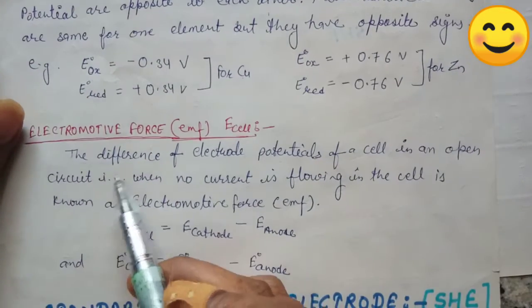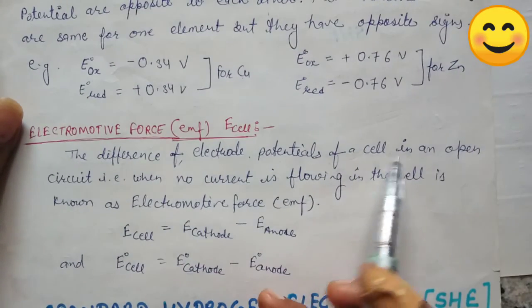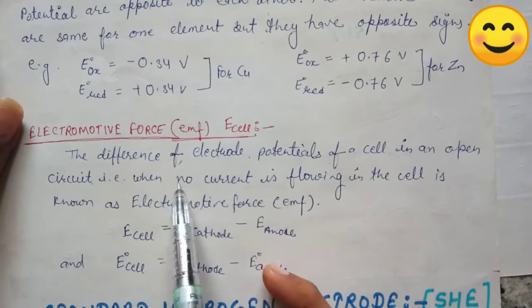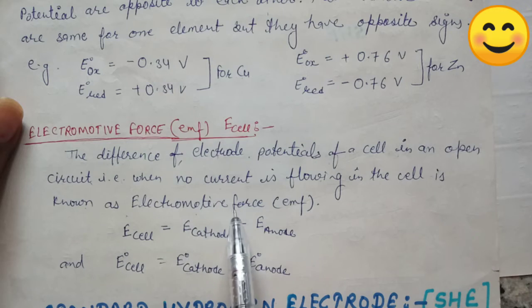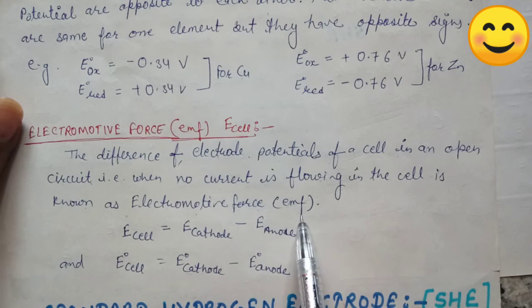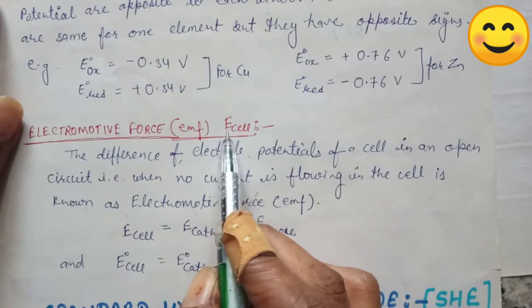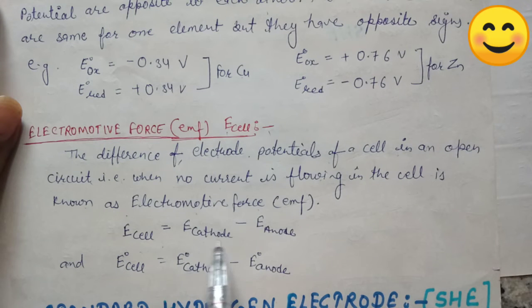Okay, the difference of electrode potential of a cell in an open circuit, that is, when no current is flowing in the cell, is known as the electromotive force, or EMF, and it is denoted by E cell. E cell is equal to E cathode minus E anode, or we can say E naught cell is equal to E naught cathode minus E naught anode.